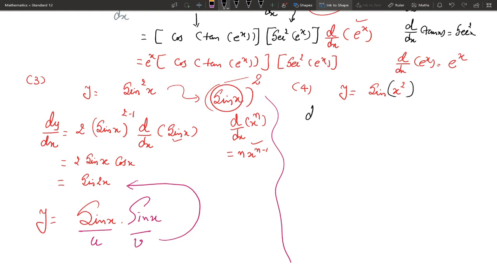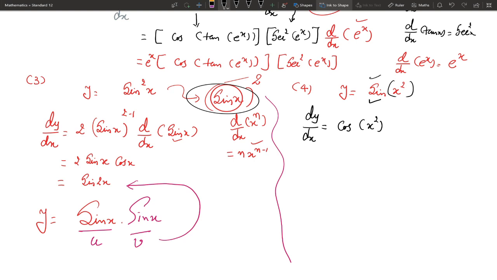So when we differentiate y with respect to x, what is the derivative of sin? Cos. So this is cos of x square. In the previous example it was of the form x raised to n, so first we used n x raised to n minus 1. Here it is sin of x square. So first differentiate sin, the derivative of sin is cos.